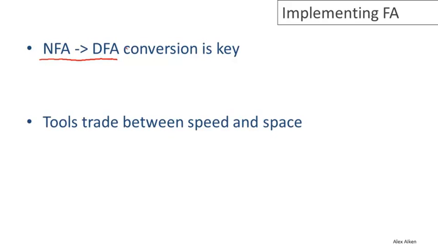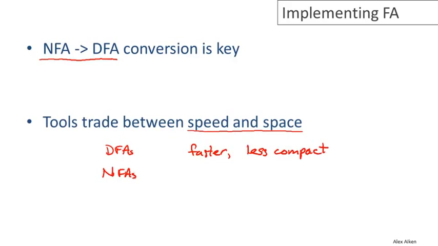Now, in practice, tools provide trade-offs between speed and space. So DFAs are faster and less compact, so the tables can be very large, and at times that's a practical problem. And NFAs are slower to implement, but more concise.